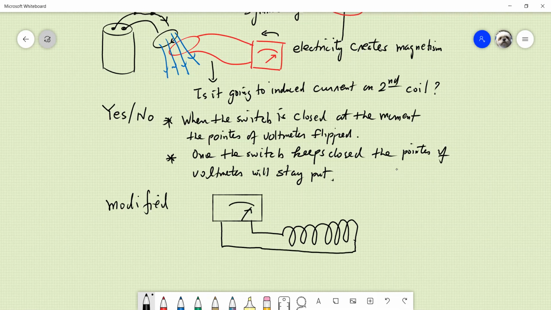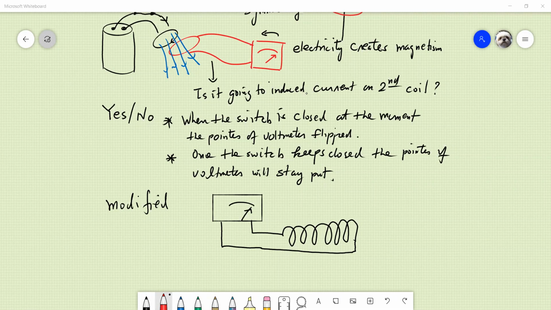He modified the experiment: I have a coil, I have a voltmeter.